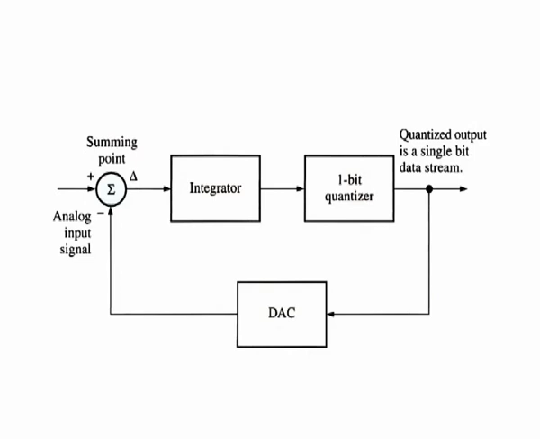The difference signal out of the summing point is integrated, and the 1-bit ADC increases or decreases the number of ones depending on the difference signal. This action attempts to keep the quantized signal that is fed back equal to the incoming analog signal. The 1-bit quantizer is essentially a comparator followed by a latch.